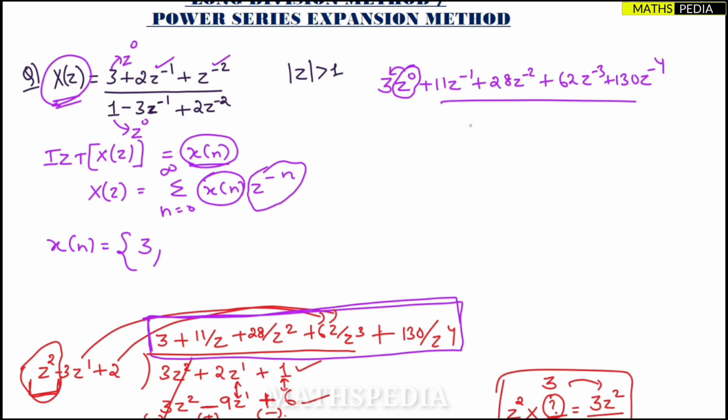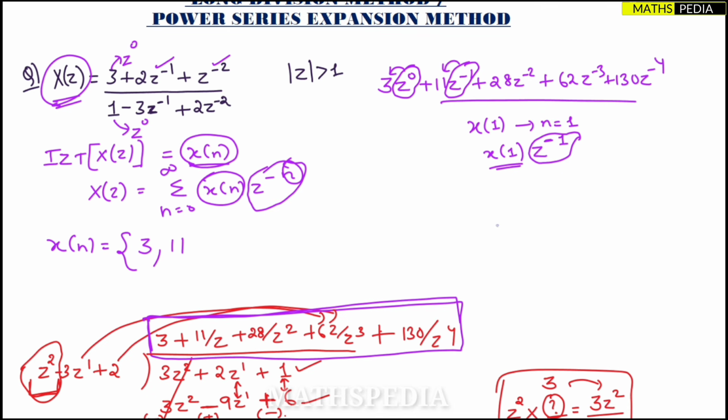Next, I want x of 1, that means n value is 1. So x of 1 into z power minus 1. The coefficient of z power minus 1 is 11, so x of 1 is 11.